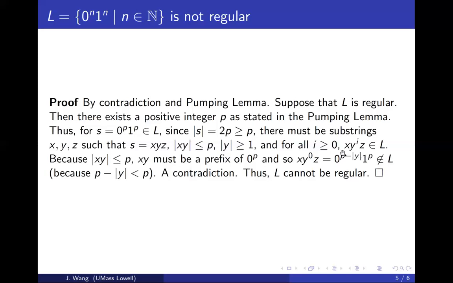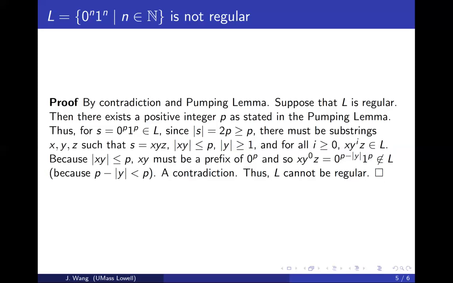Now you have a strictly smaller number of zeros than ones. This string is not in L. But by the pumping lemma, this string, when i is equal to 0, is in L. So the pumping lemma says it is in L, but it implies this string is not in L. So that contradicts.